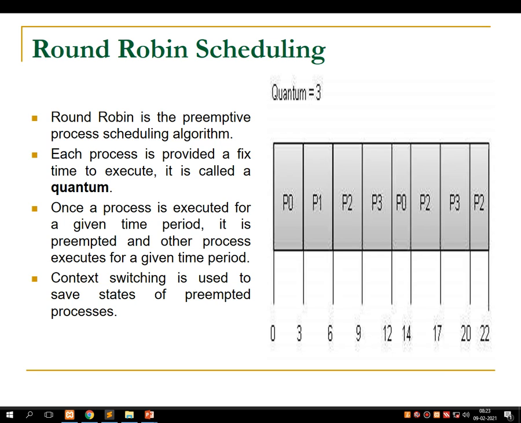On the right hand side, you can see the same diagram on the screen where P0 has a waiting time of 0, P1 has a waiting time of 3, which is the next highest one, then P2 is 6, higher than 3, P3 is 9, higher than 6 and so on. Now, whenever P0 gets executed by the central processing unit, P1, P2, P3, P4 and so on are kept in a queue to get a call from the central processing unit.